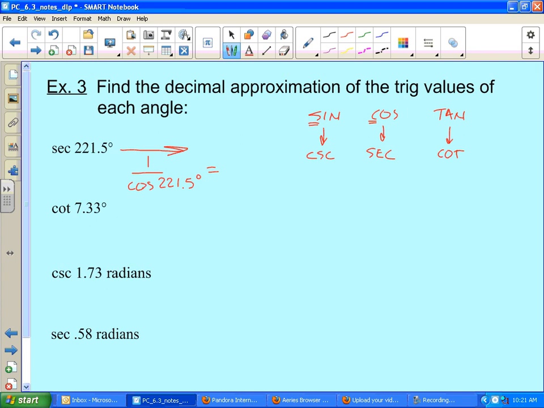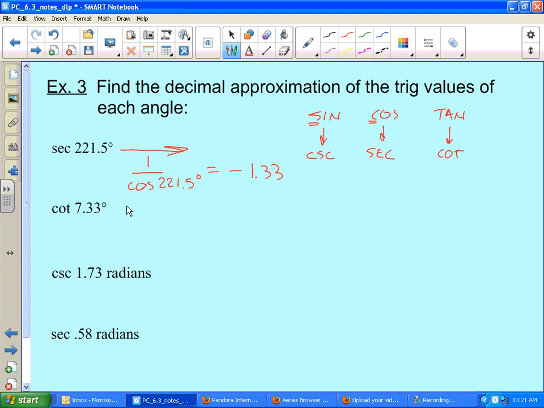And then you're going to tell me what you get. Negative 1.33. We got confirmation on that from a few people, negative 1.33. So if you're not in degree mode, you have something different. If you're in degree mode, you're going to get that. Does that make sense?